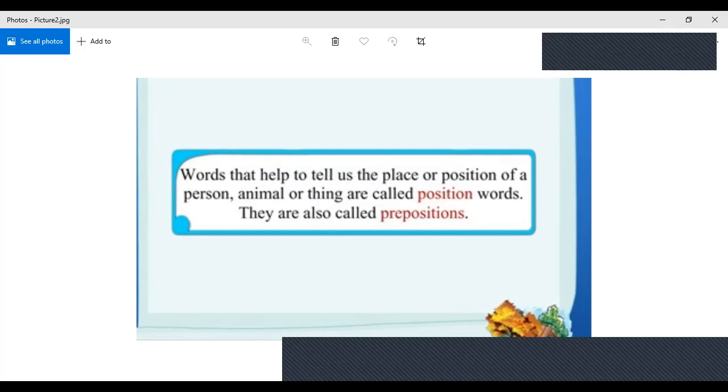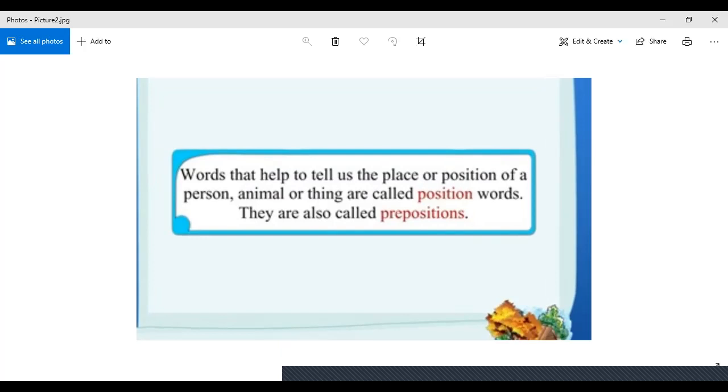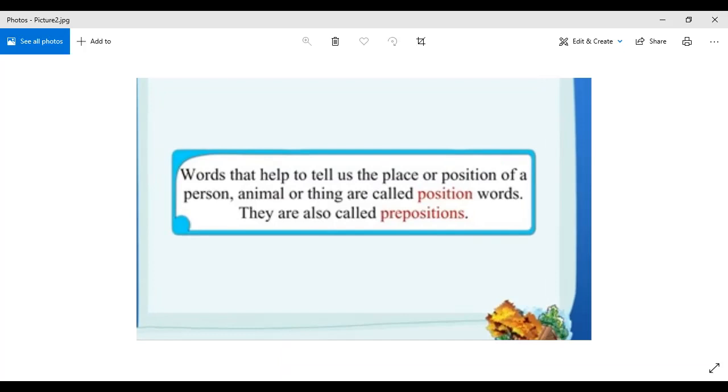So it says that words that help to tell us the place or position of a person, animal, or thing are called position words. Now, see, it is not restricted only to people. It can be the position of a person, it can be the position of an animal, or it can be the position of other things. So, those words are known as position words or prepositions.